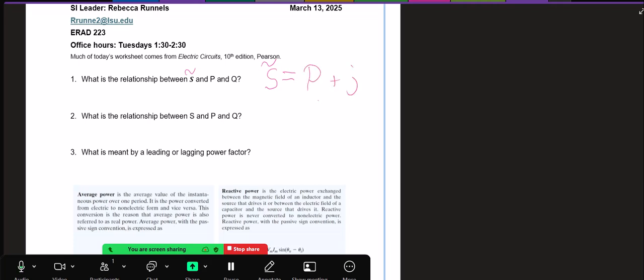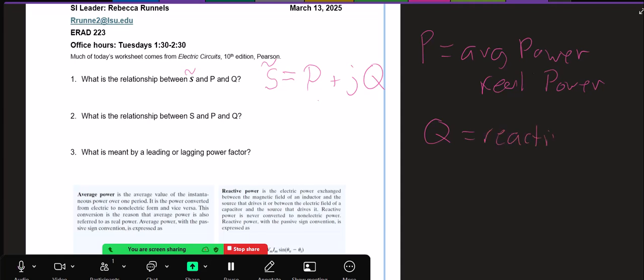So we know that complex power is, either of you want to tell me? P plus jQ, where P, you can either call it average power or you can call it real power. Q doesn't have extra names, it's just reactive power. And the next one is, what is the relationship between, now this is S without the boldface or the squiggle, or you could have it in absolute values.